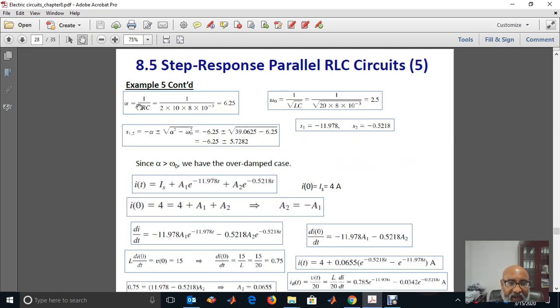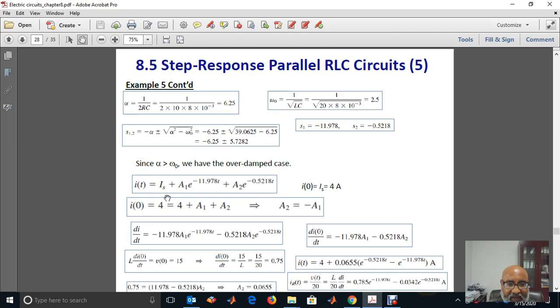So now we determine alpha, 1 over 2RC, which is 6.5. Omega naught, we substitute L and C, is 2.5. Then we see alpha is greater than omega naught, which means an overdamped solution.